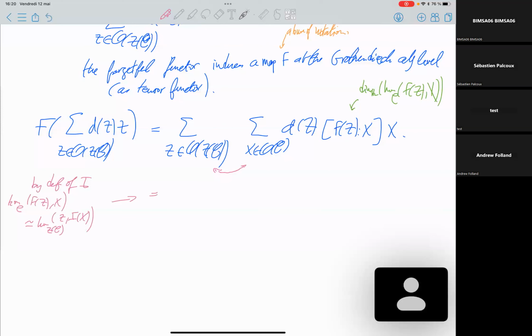So we are using two things here. You replace that by that, because everything is finite here, there is no problem. And here you replace that by that. So it's equal to the sum over the simple objects in C, sum over the simple objects in the center, dz, and now you have the multiplicity of Z in I(X).